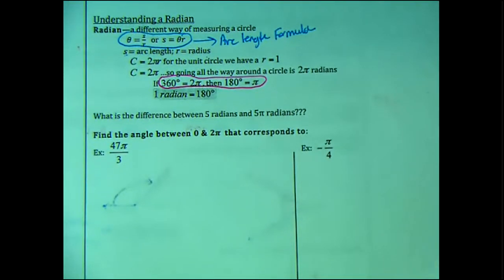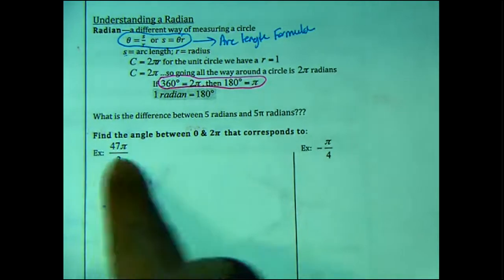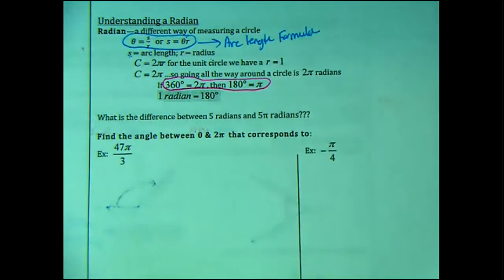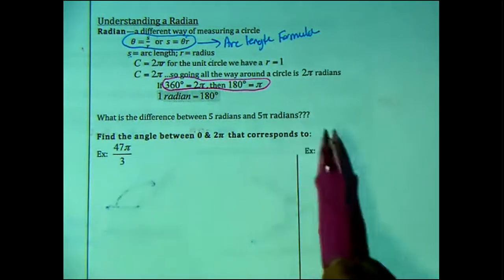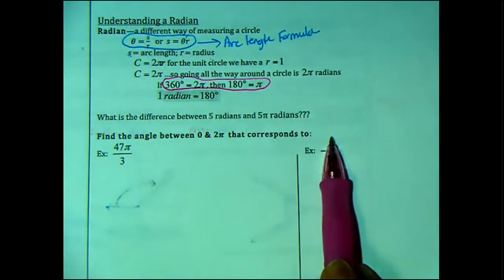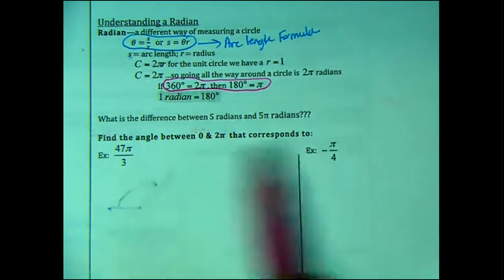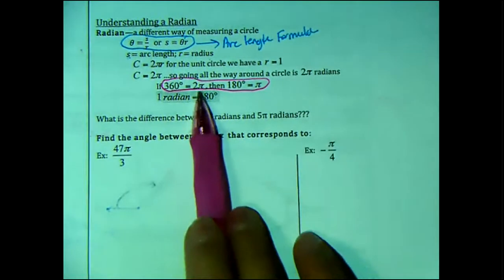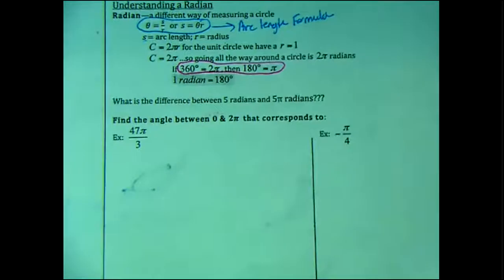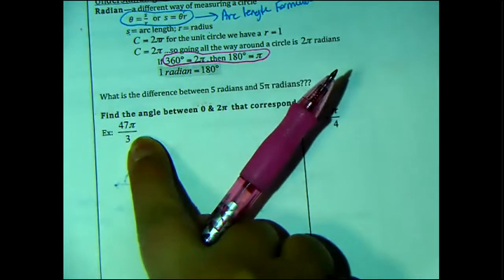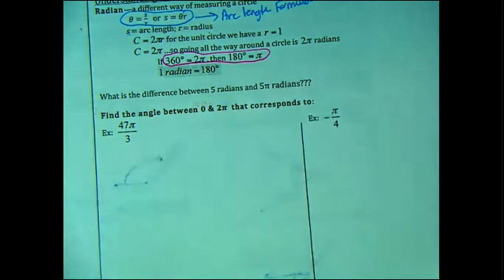And just like we were adding or subtracting 360 to the angles to get the corresponding angle that's between 0 and 2 pi, we need to now add or subtract the equivalent of 360 degrees to these radians here, which is 2 pi radians. Now, radians are notoriously fractions. So when I subtract 2 pi from 47 pi over 3, I need to make sure that I'm subtracting correctly with fractions.